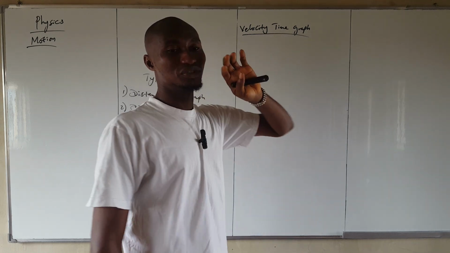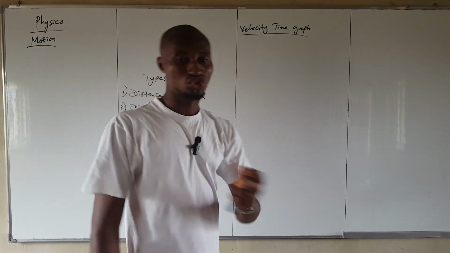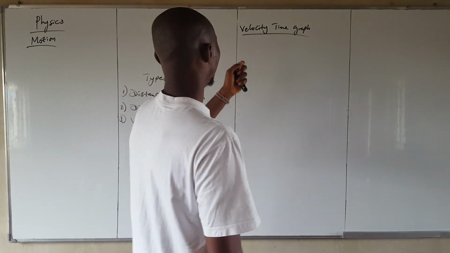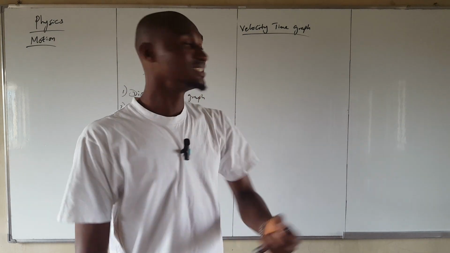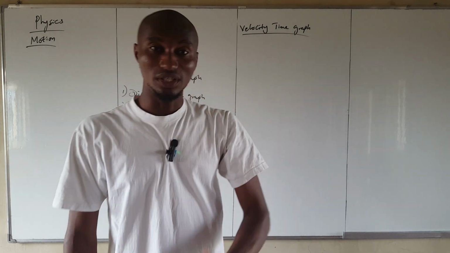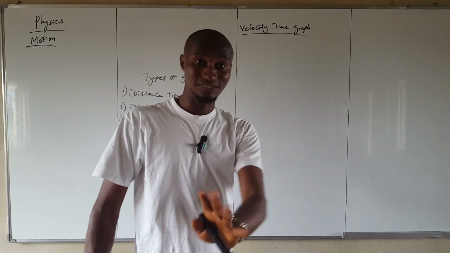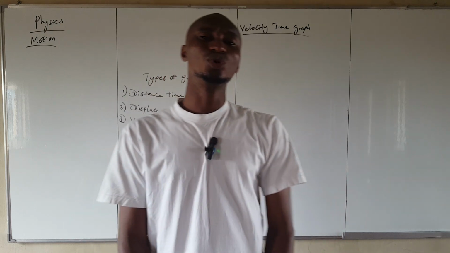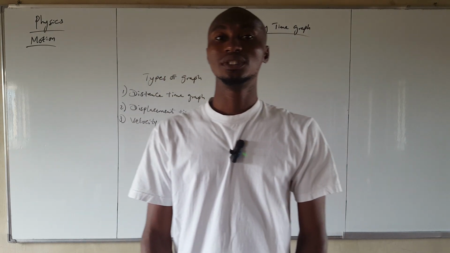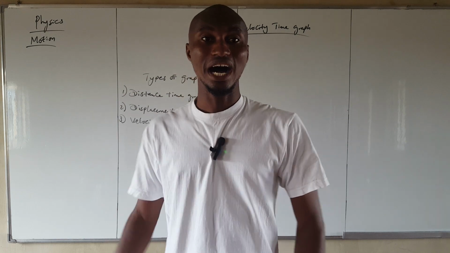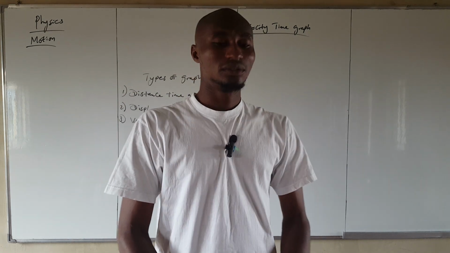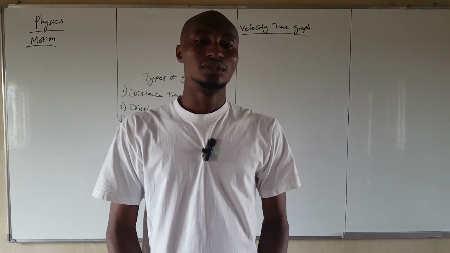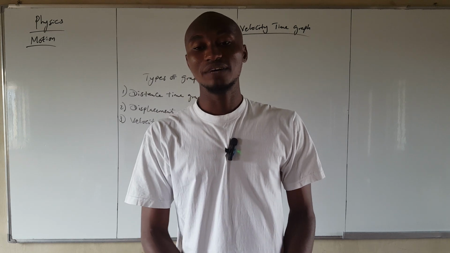Students need to understand the concept, so I want to unleash the concept today so that you understand it better. Velocity time graph is the most useful graph among the three graphs aforementioned.